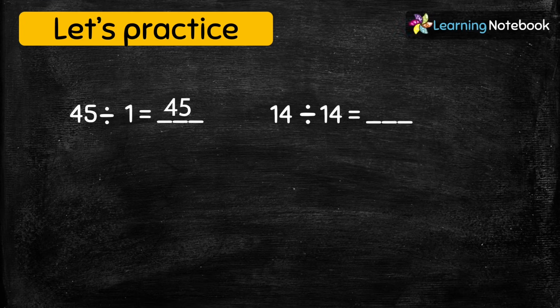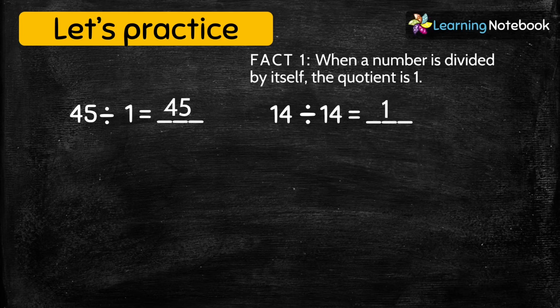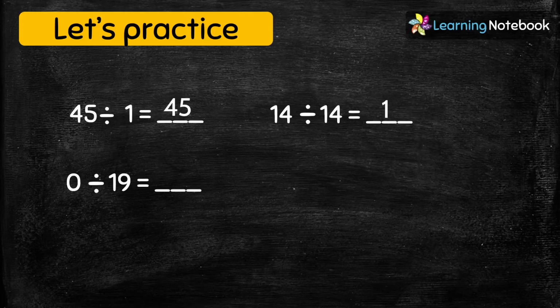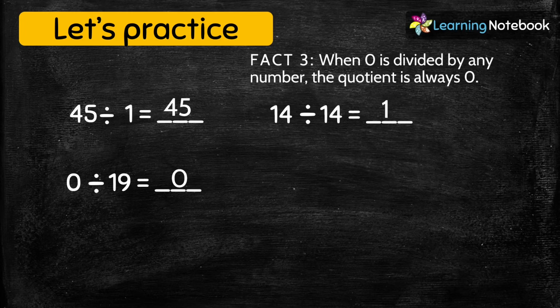Next question is 14 divided by 14 equals dash. Here the answer is 1 because we know when a number is divided by itself, the quotient is 1. Third question is 0 divided by 19 equals dash. Here the answer is 0 because we learned when 0 is divided by any number, the quotient is always 0.